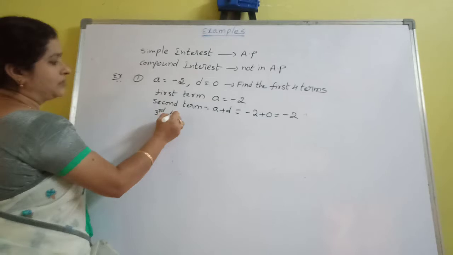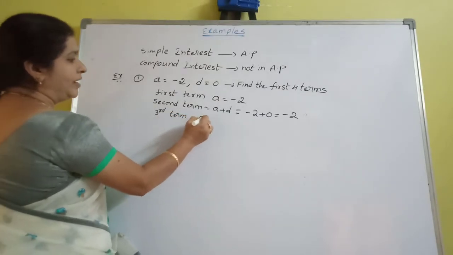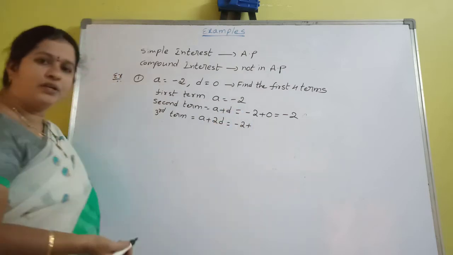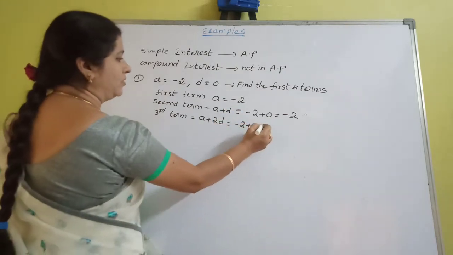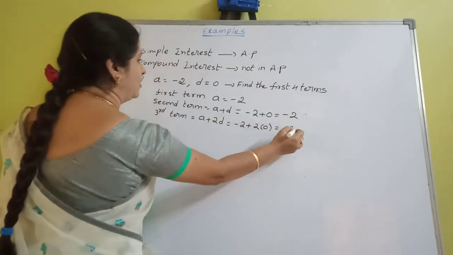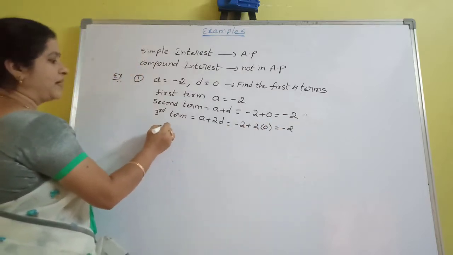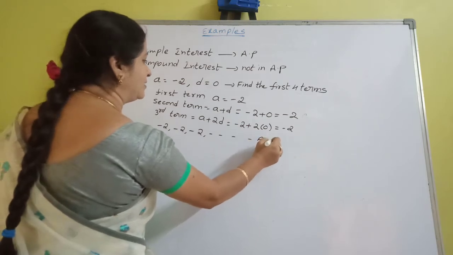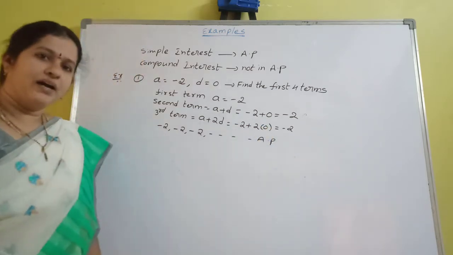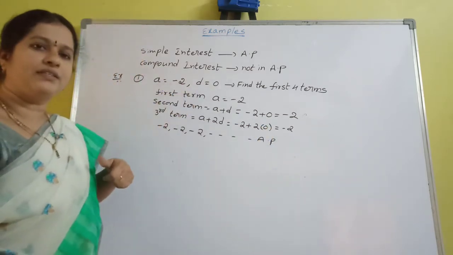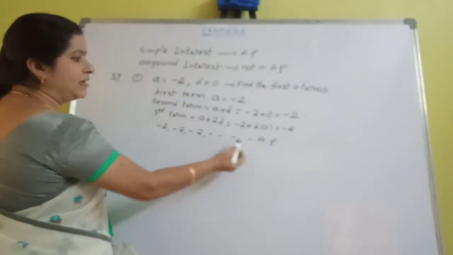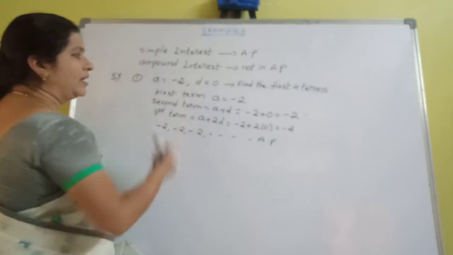Again, the third term is A plus 2D. So -2 plus 2 into 0, 2 into 0, it is also -2. So the AP series is like this: -2, -2, -2. This is the AP series. If the A value and D value are given, this is how we find the series. So this is the final series of the given values.